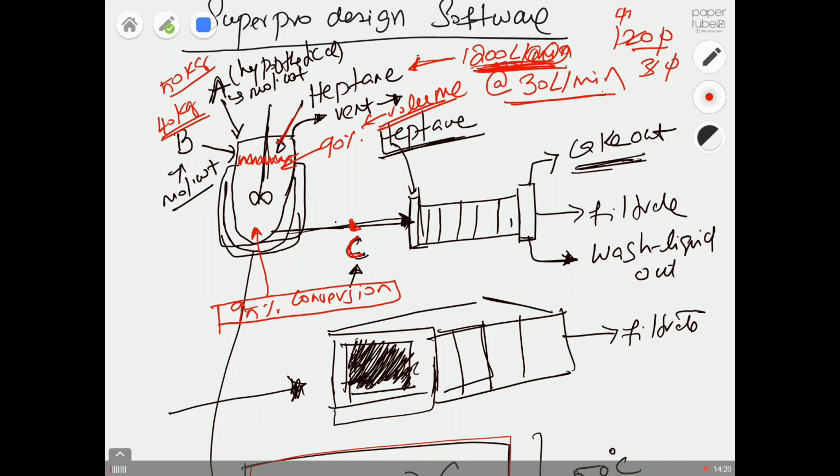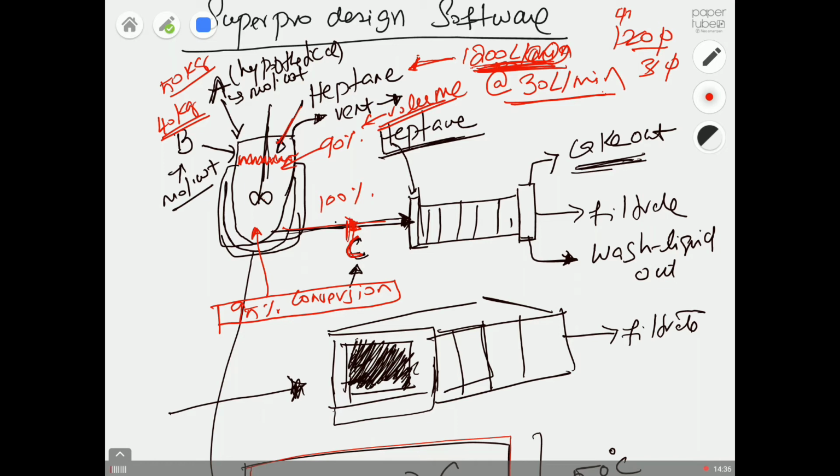And then we are going to put some conditions, like at the end of your experiment we get some product C. So what we are going to tell the software is that we are going to remove 100% of whatever is inside the reactor and filter it.